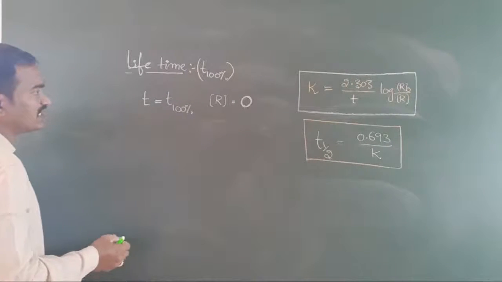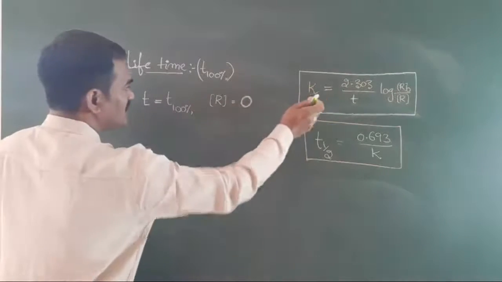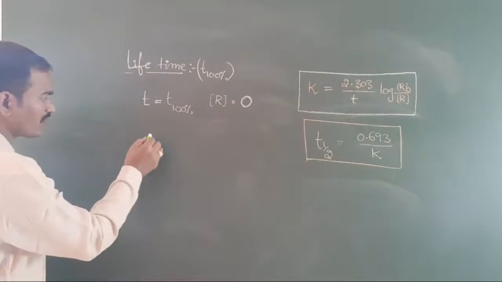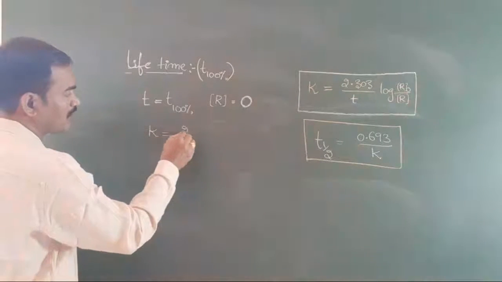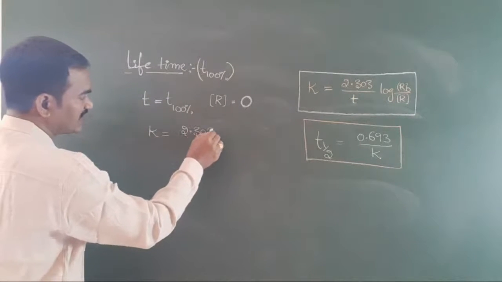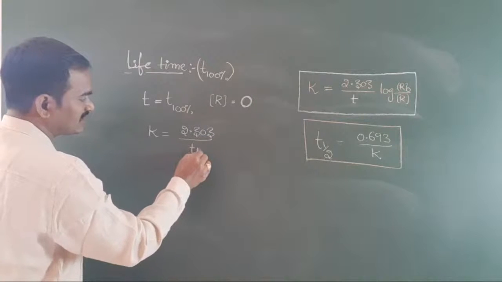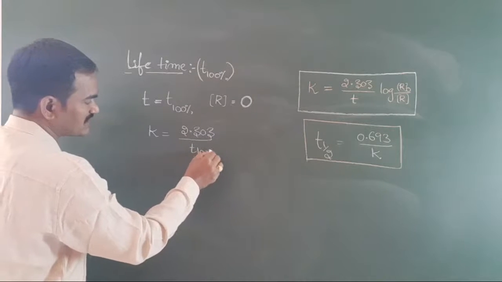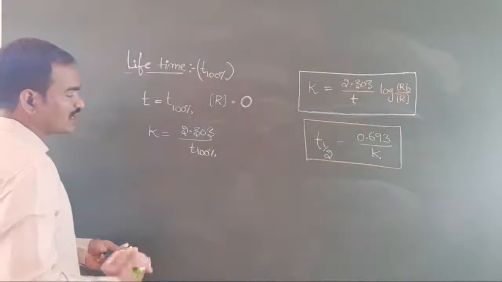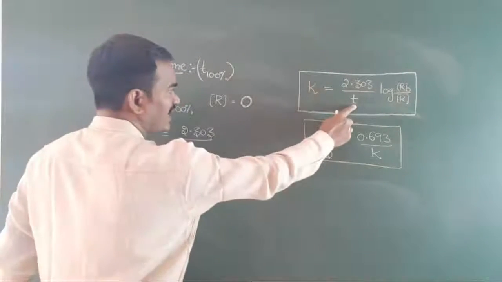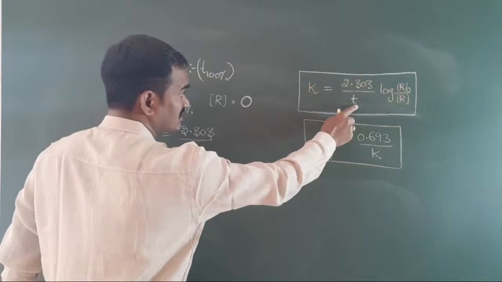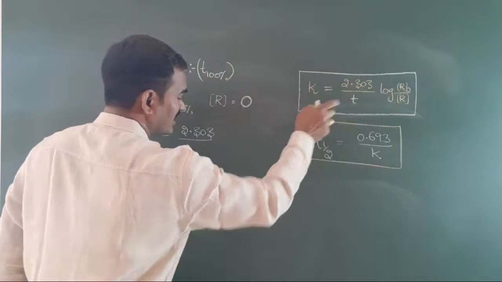Now I am going to substitute these values here. K is equal to 2.303 by T 100%. Let me change it: this K I take to this side, this T to the other side.